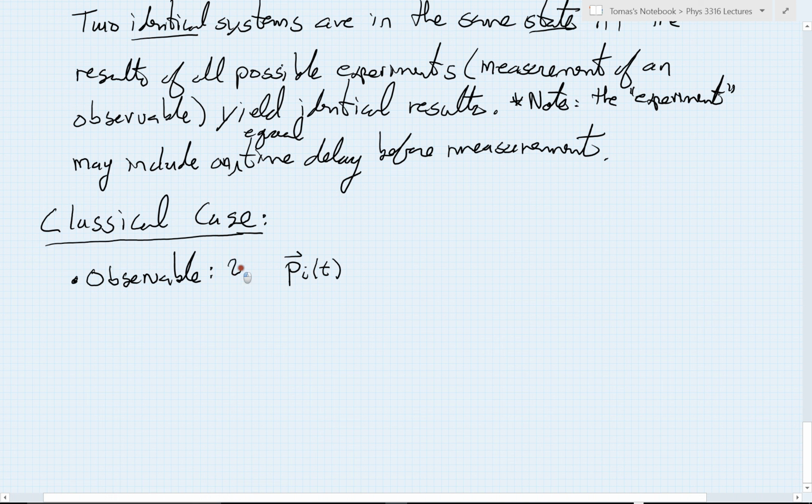Other things we can observe, of course, are the positions of those masses at a given time t. Other quantities we can certainly think about are things like the angular momenta of the particles that we can measure, and of course we know how those are defined.